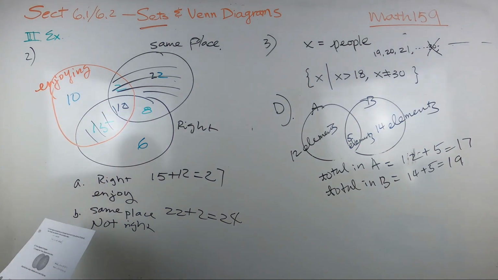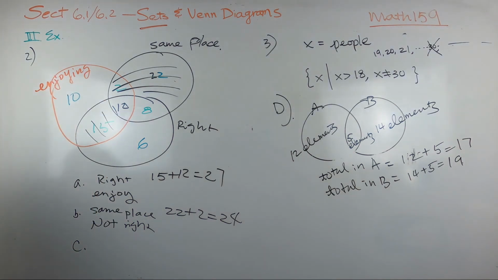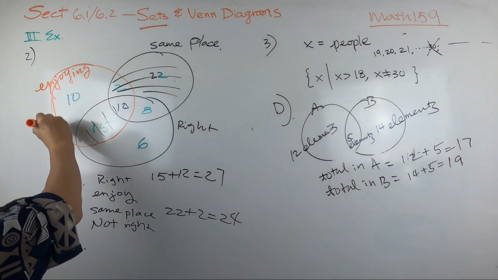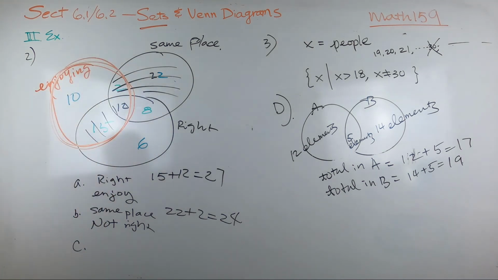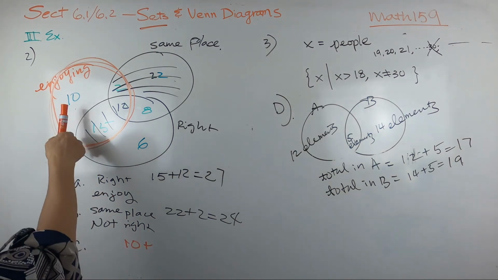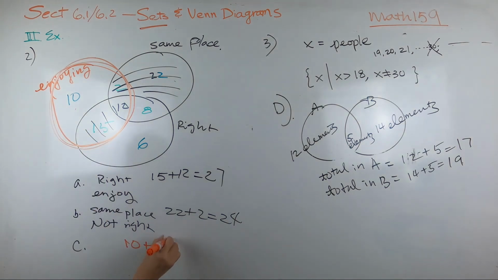Next one, determine enjoy the college. So what do you think? Where is the enjoying the college portion? That would be here, right? You have to count everything inside. That would be 10 plus 15 plus 12 plus 2.